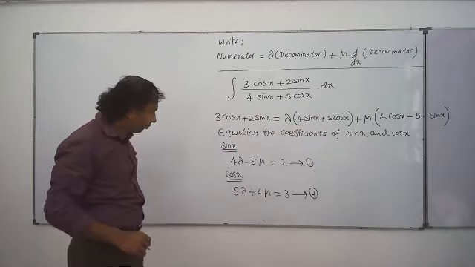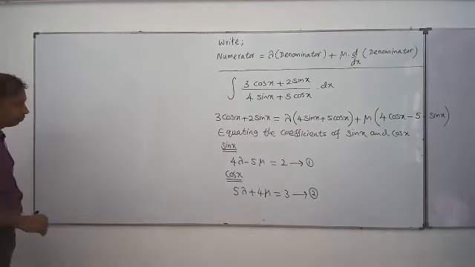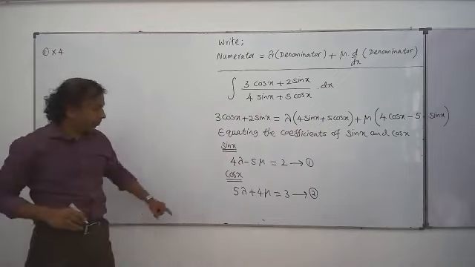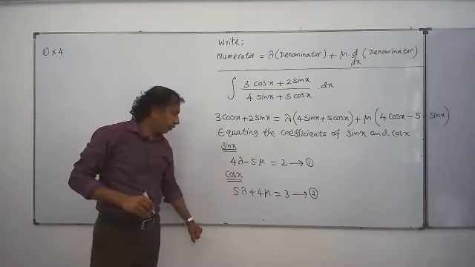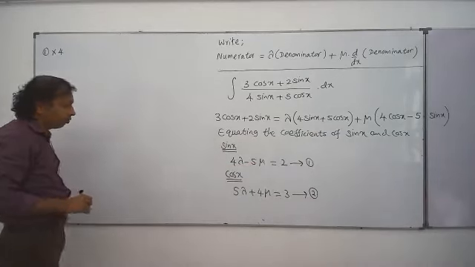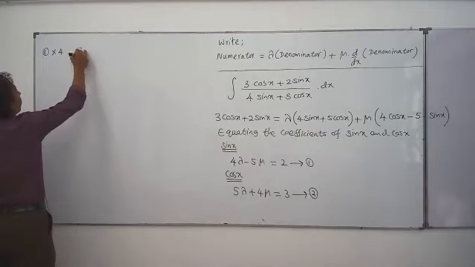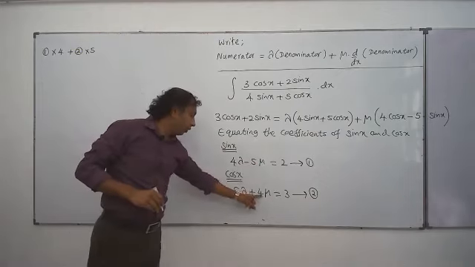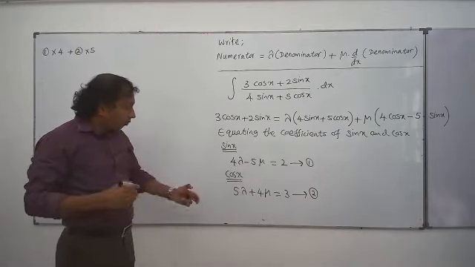Right, how to take this now? The first equation we multiply by 4, then we get minus 20. The second equation we multiply by 5, and we add them up. Here minus 20 is coming, here plus 20 is coming, so we cancel off.